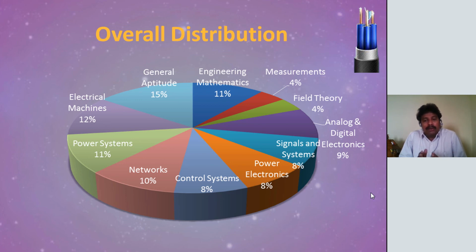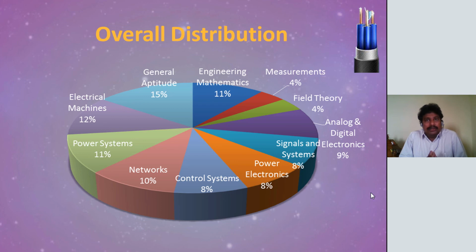So what happens is, this entire stream will carry 11% of weightage to power systems, 10% to networks, 8% to control systems, 8% to power electronics, and 8% to signals and systems. All combined, the total weightage would be 45%.